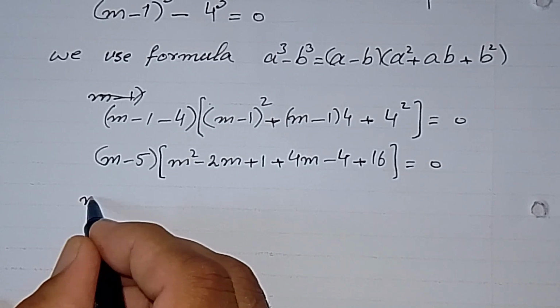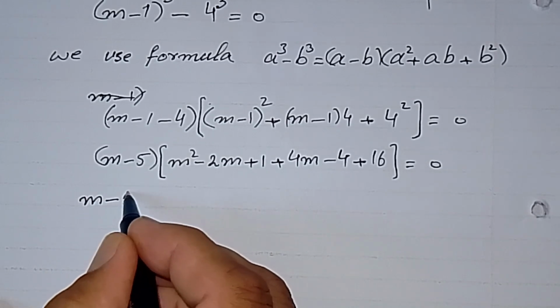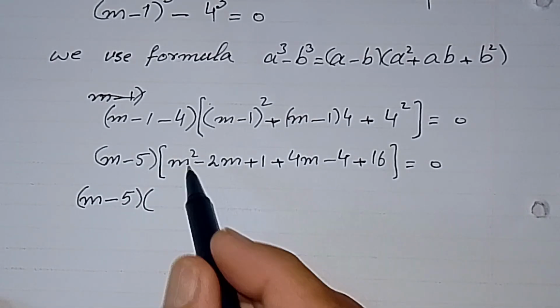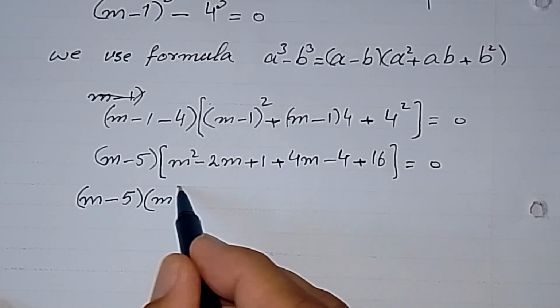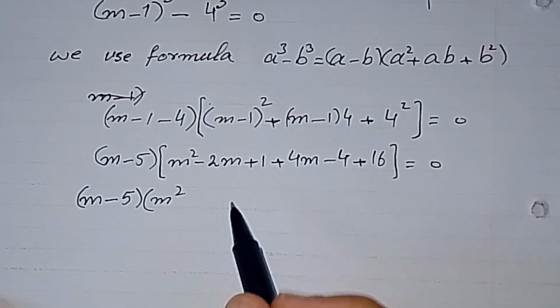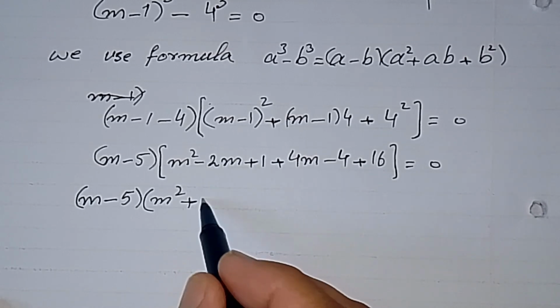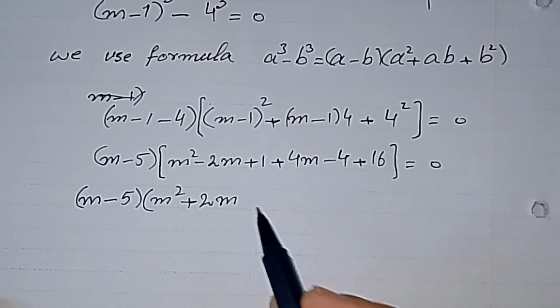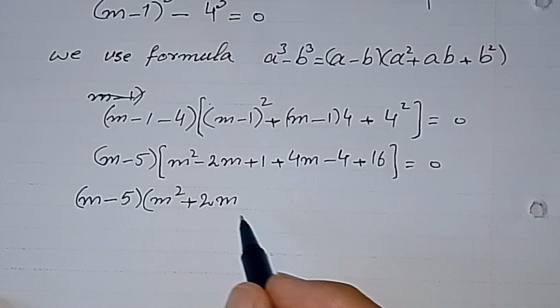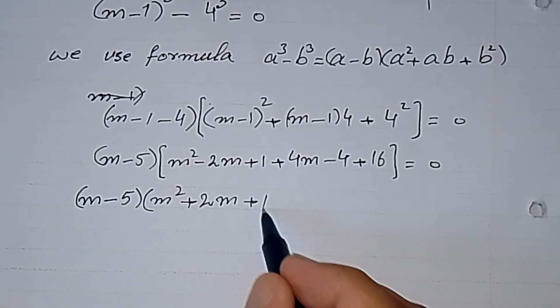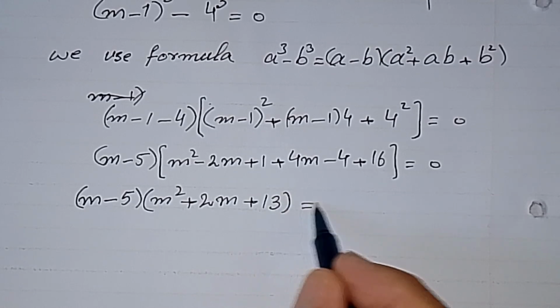Now (m minus 5) into (m square plus 2m, since 4m minus 2m is equal to 2m, plus 13) is equal to 0.